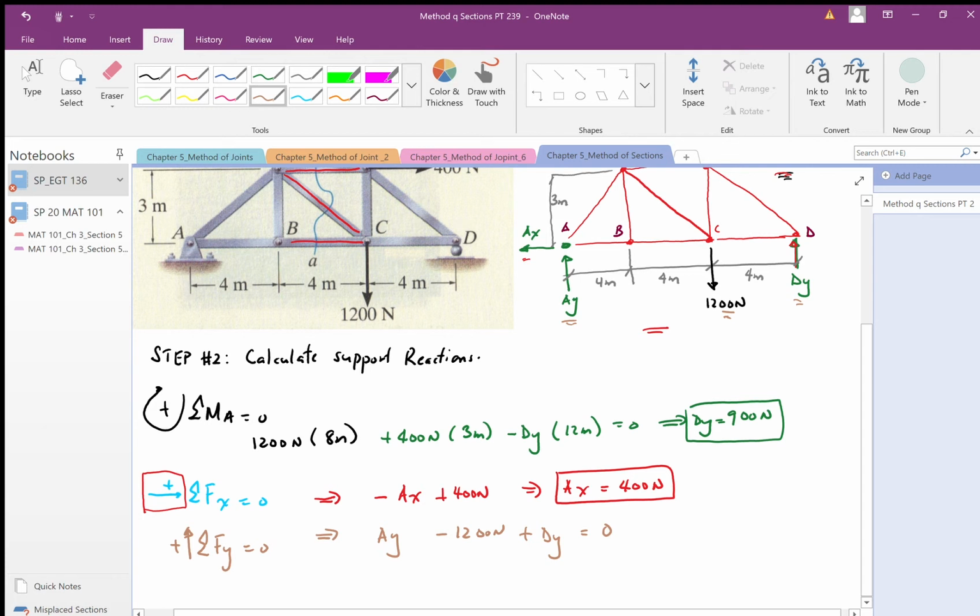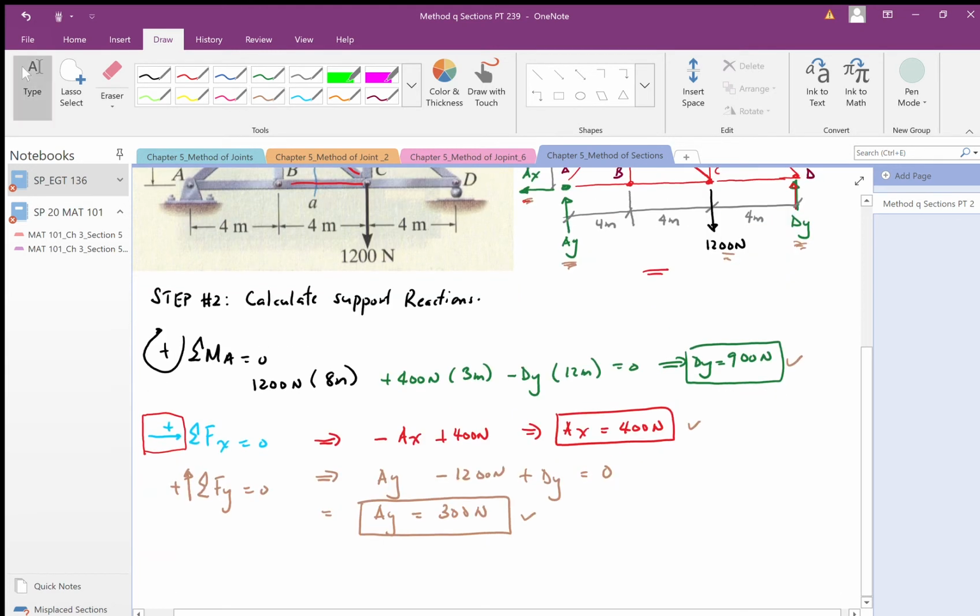Then my Ay, of course, would be 300 newtons. So I have all my support reactions: Ay, Ax, and Dy.